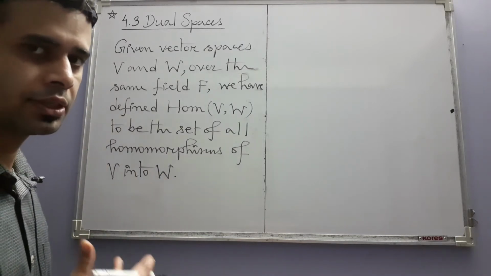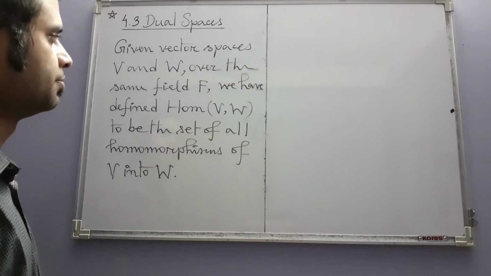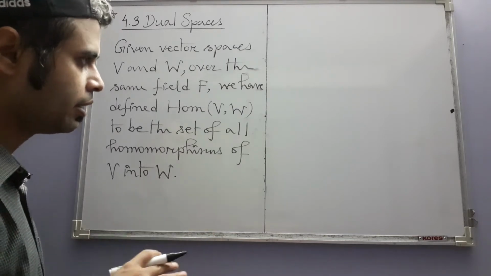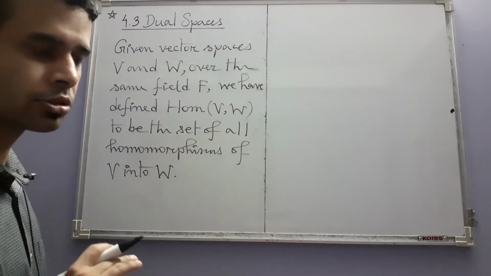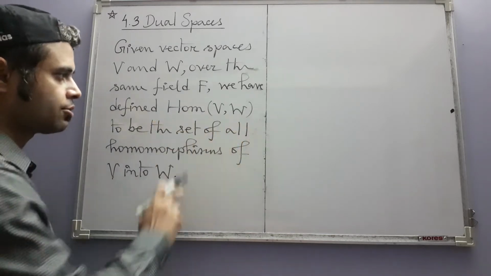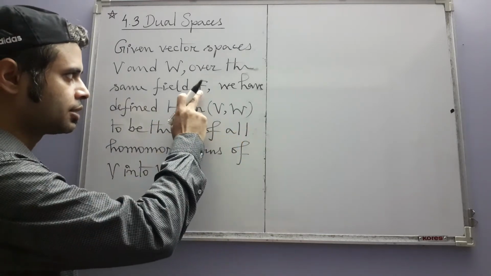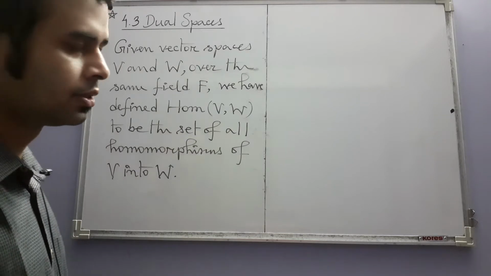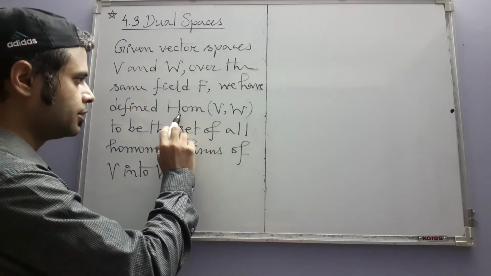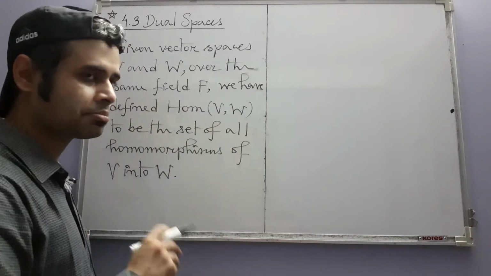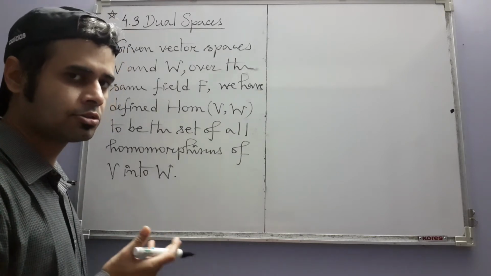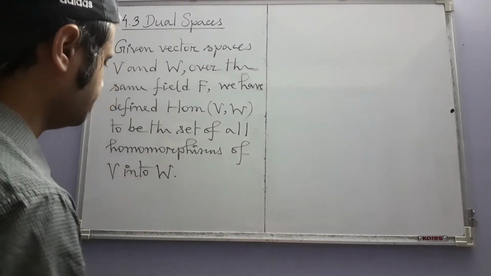Okay, so this is something we already know, we saw this. Now our aim here would be to show that this also is a vector space over this field of scalars F. For that we will need to introduce an addition and multiplication by scalars. So those are the things we are going to do now.